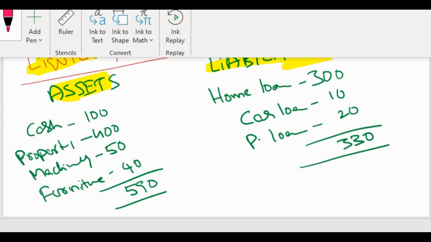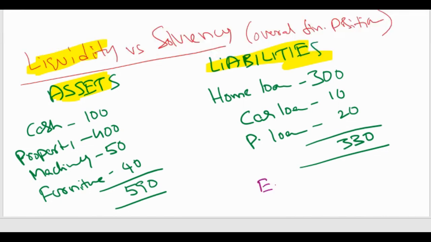So let's say here the net asset value is how much? Net worth or equity. Equity is how much here? 590 minus 330, which is positive value, right? 270.